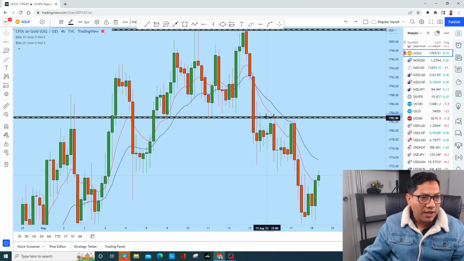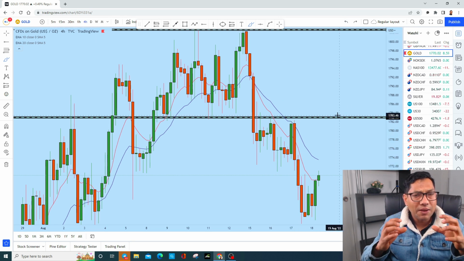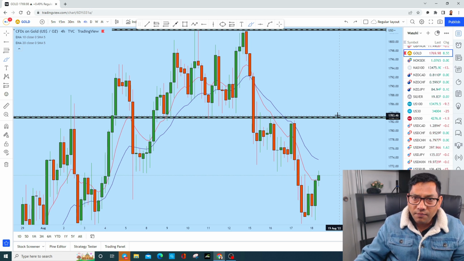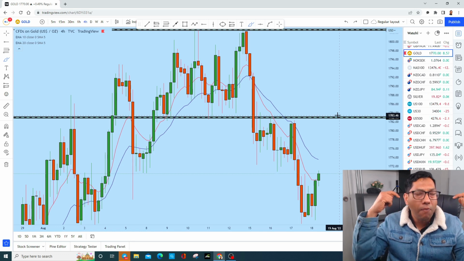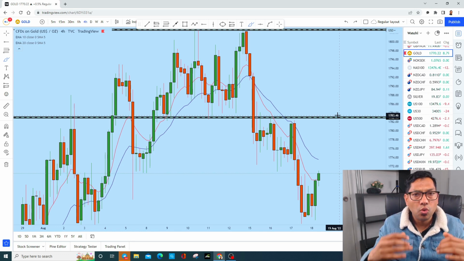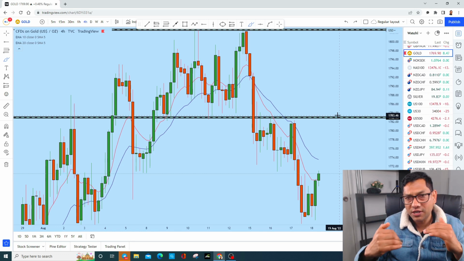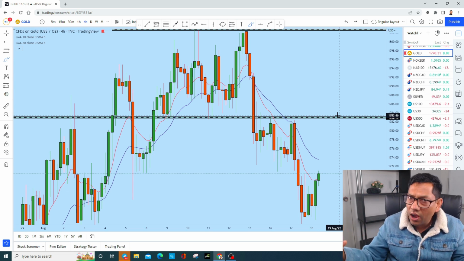The next one created another lower high, then a bearish engulfer, and then another sell. This is the main clue you need to look for when you see an order block, a POI, and then wait for multiple retests with a lower high on a downtrend, higher high on an uptrend.